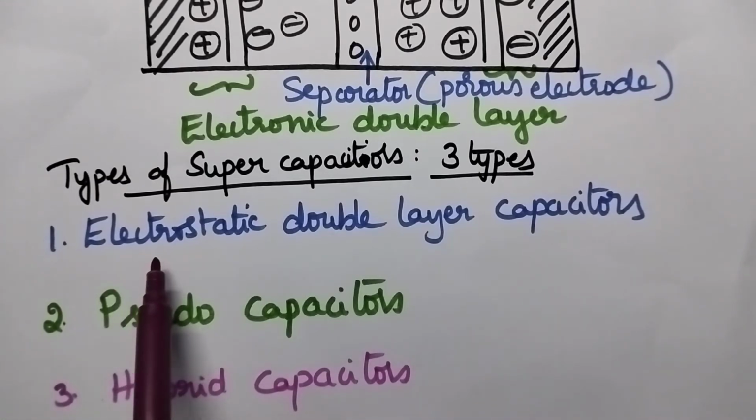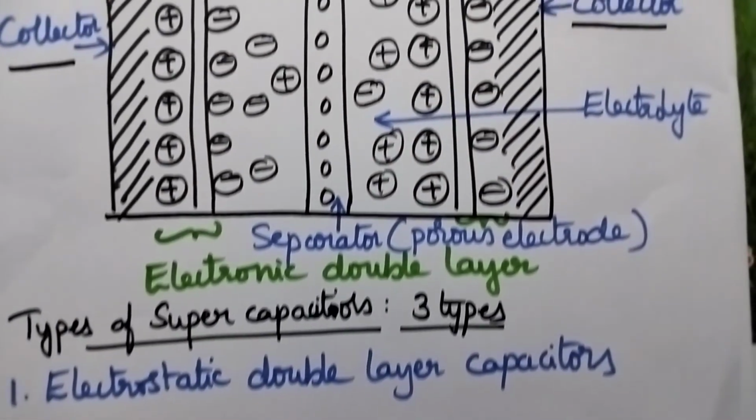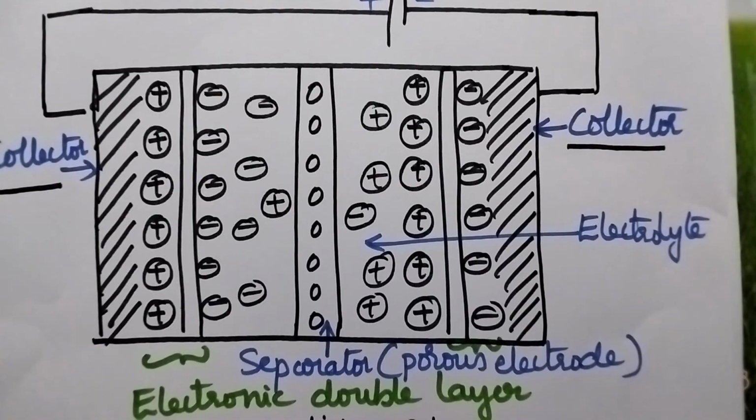Moving to electrostatic double layer capacitors, here the electrical energy is stored electrostatically. That means due to the creation of an electronic double layer, the electric charge is stored.